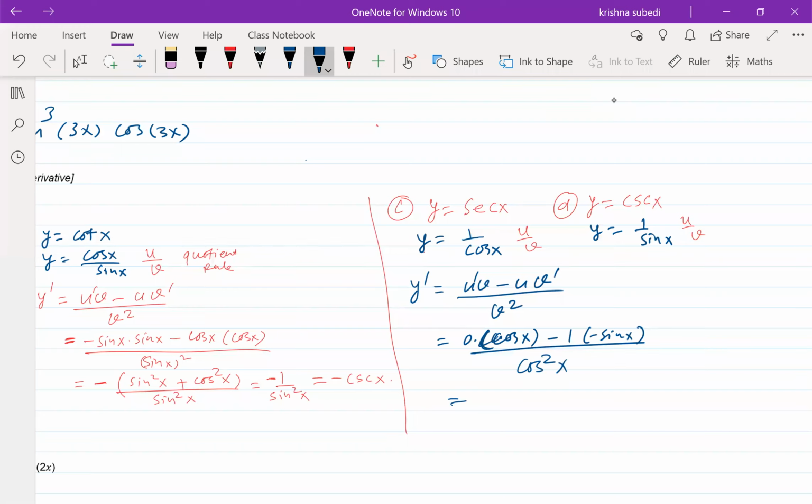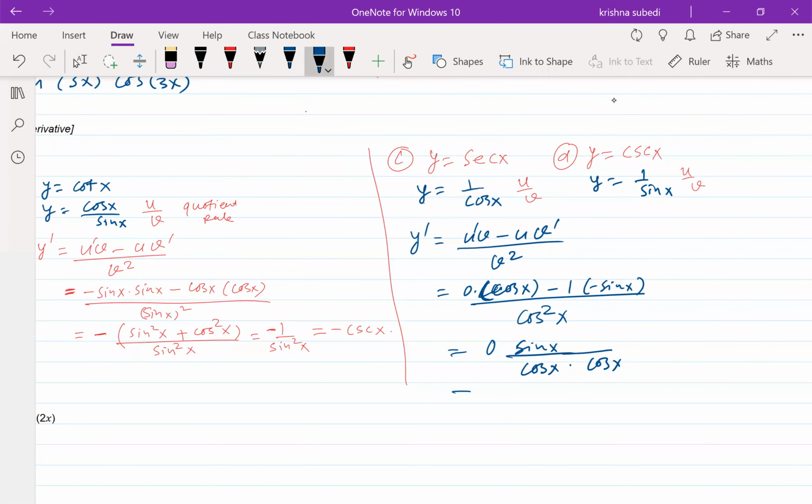So the first part is 0, minus negative, negative, positive. So you'll get 0 and then sine x over cos squared x. You can write cos x times cos x.